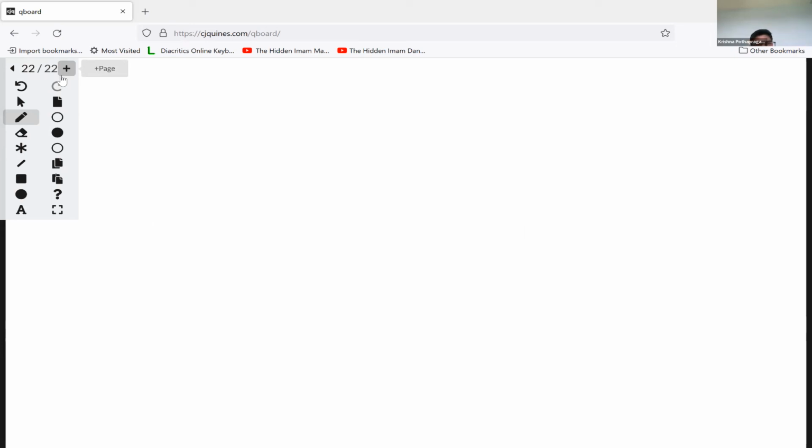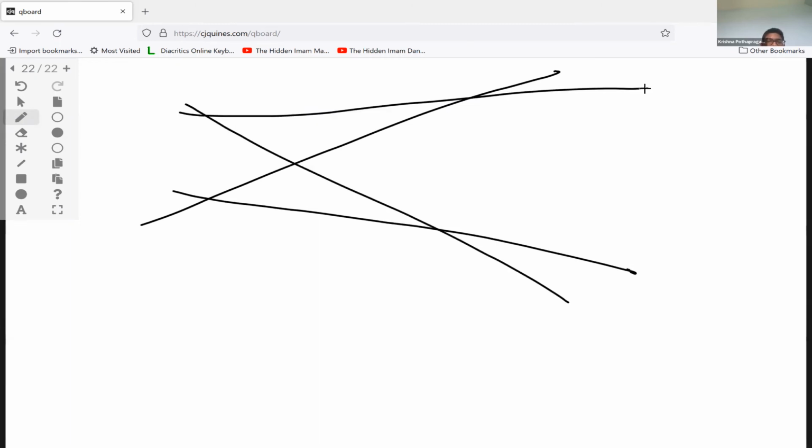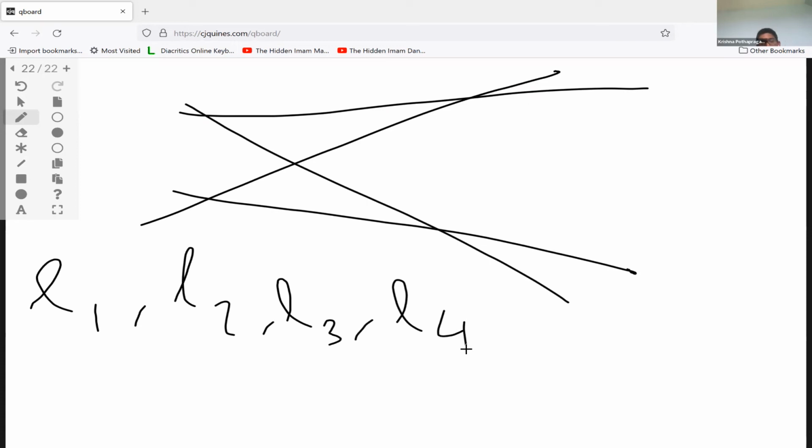So the next problem, I think I didn't put this in the handout, but I'll see how it goes. So we are going to have 4 lines. L1, L2, L3, L4.